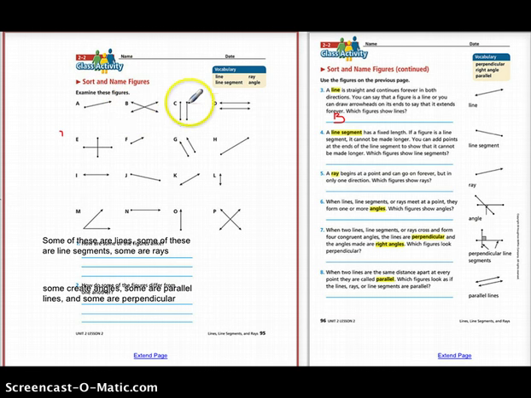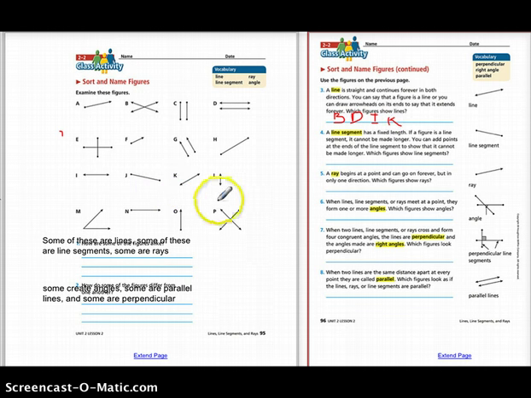C has endpoints, so we know that that's not it. We need arrows on both ends. So D and I is, not J. K is, because it has arrows on both ends. L is, and P.